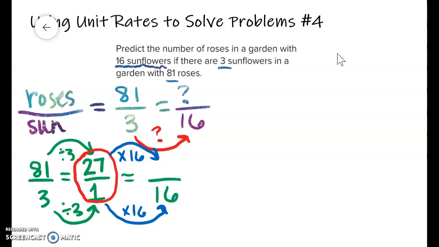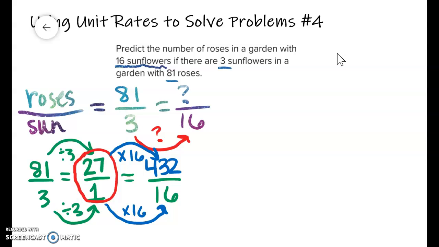And here is a perfect time for you to get out your calculator. So 27 times 16. My calculator tells me that it's 432. So what does that mean?